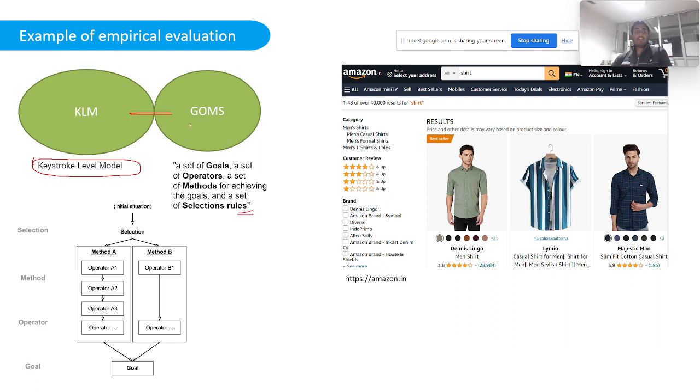This particular technique is used to measure the efficiency component of a feature. Like I gave the example previously, you have various components, and among those, efficiency is one of the components which you can measure by using this technique, KLM GOMS.